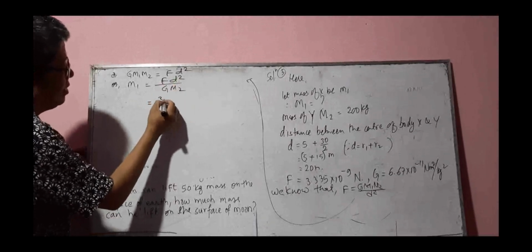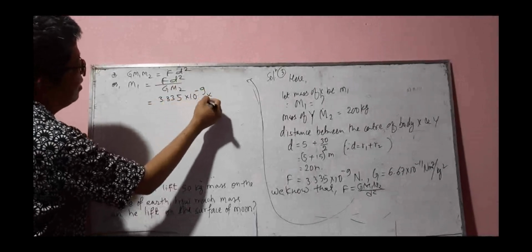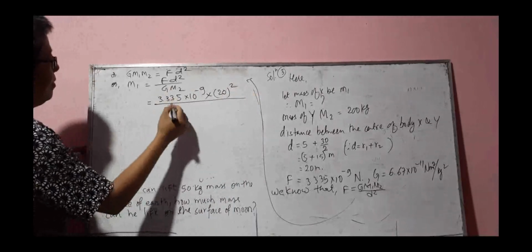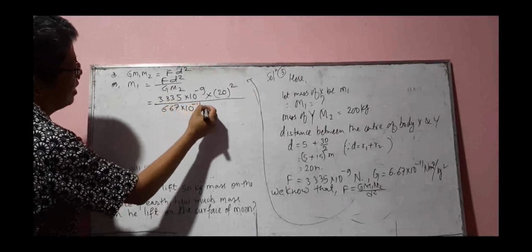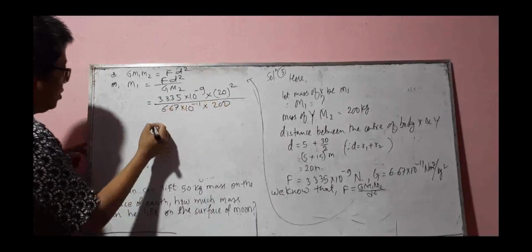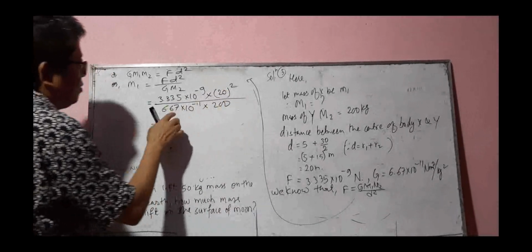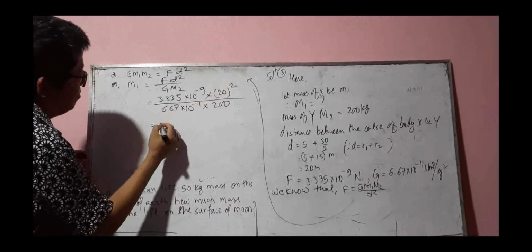The value of f is 3.335 into 10 to the power minus 9. Value of d is 20 whole square, whole divided by value of G is 6.67 into 10 to the power minus 11 into the value of m2 is 200. So using calculator, okay, you can find the value of this.